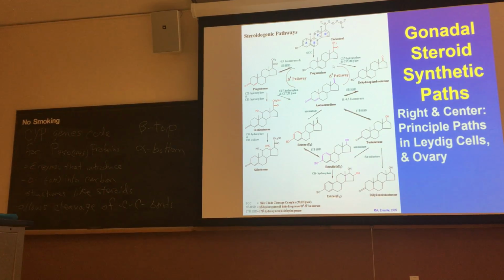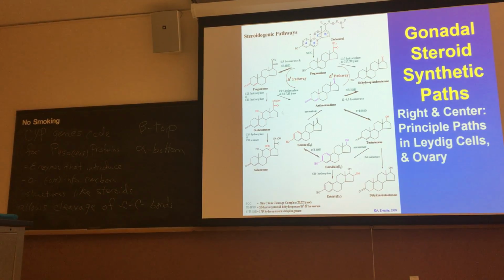If you go the other way, if you use the same enzymes but in opposite order, so rather than using this set of enzymes first, if you use them second, you go from here to here. If you use them first, you go from here to DHEA, or dehydroepiandrosterone.